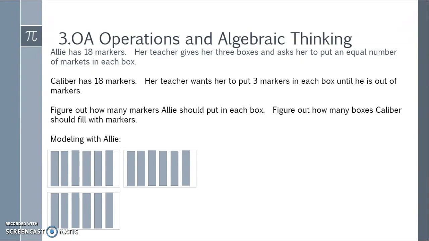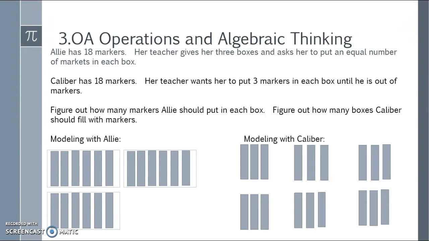I see that I would need 3 boxes, and each box would have 6 markers in them. Versus Caliber, we want to put 3 markers in each box. So I will partition out or share 3 markers at a time, count them out, until I get an equal number of boxes. So with 3 markers, she would need 6 boxes to fill. Allie is partitioning into groups. Caliber is forming groups.